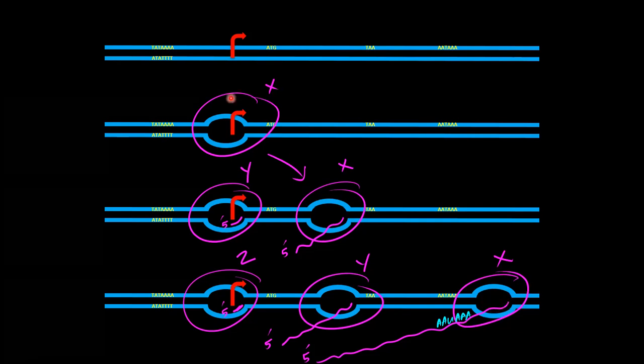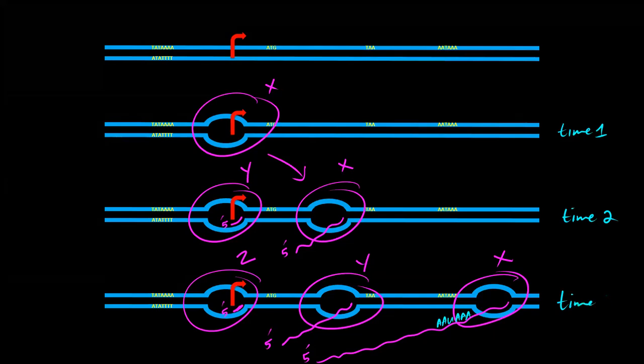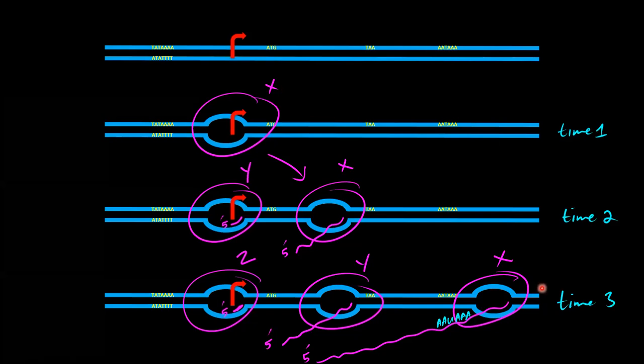So this is time 1, this is time 2, after some time, this is time 3. You have to understand that transcription is a very quick process, so we're talking about seconds. Polymerase X binds here. After some time, it will be here. After some time, it's already almost done.